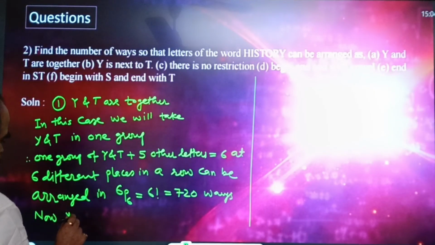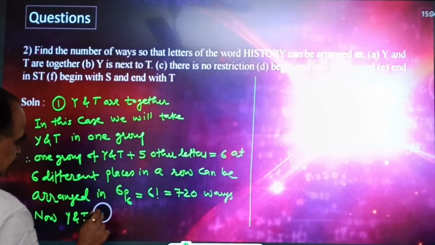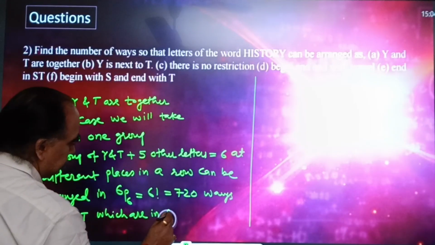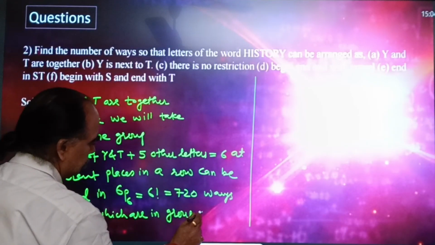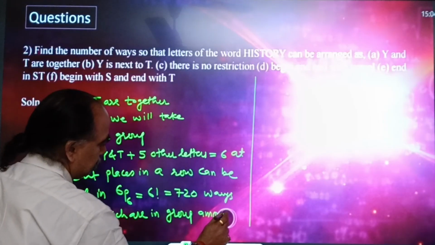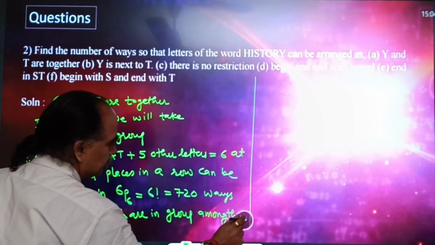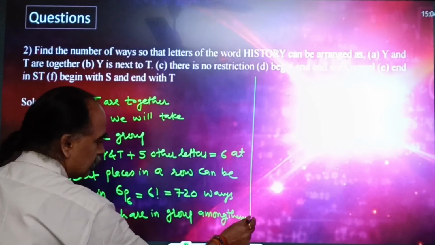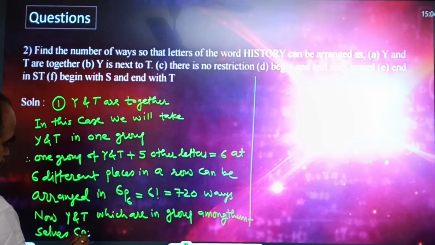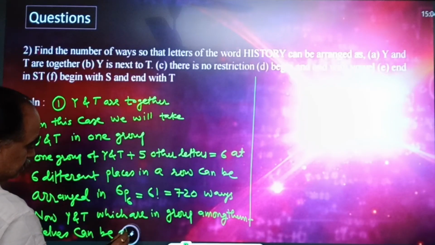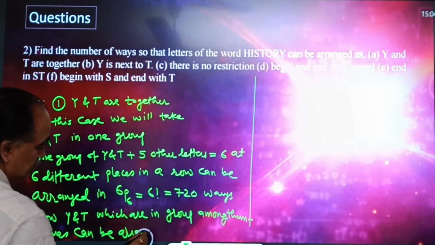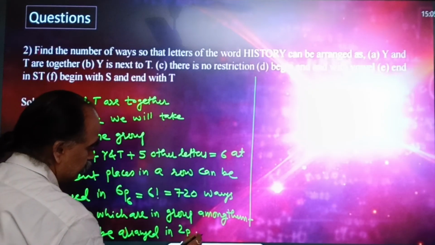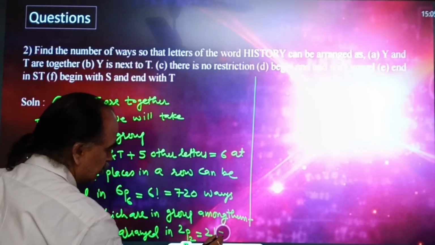Now Y and T, which are in the group, among themselves can be arranged in 2P2, 2 factorial, which is equal to 2 ways.